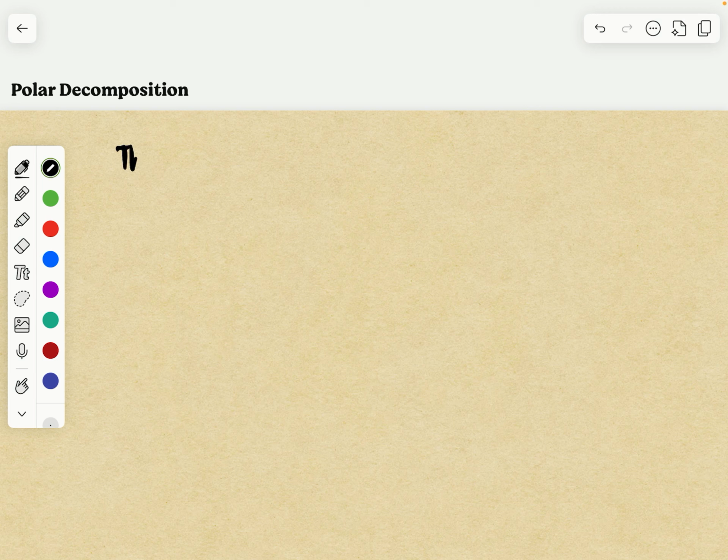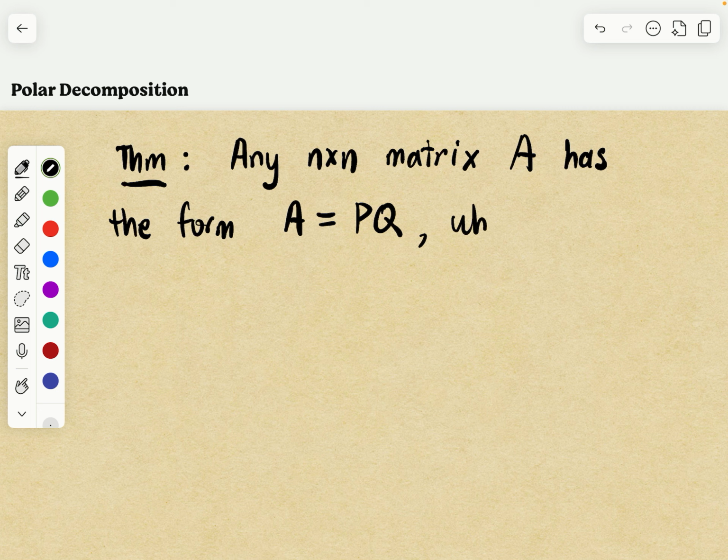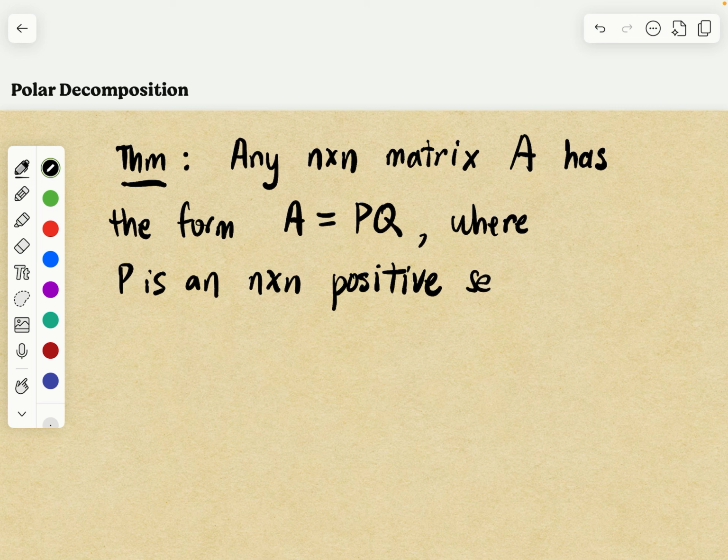So the theorem says that any n by n matrix A has the form A equals P times Q, where P is an n by n positive semi-definite matrix.